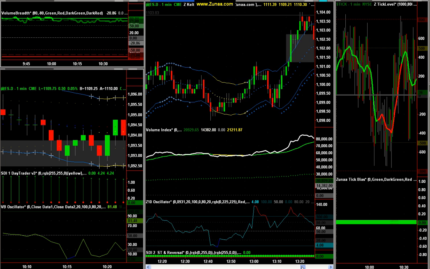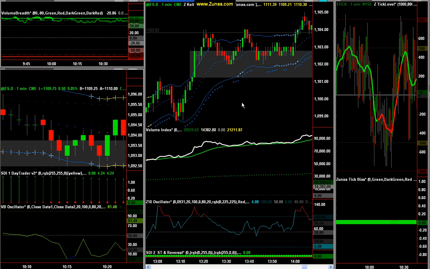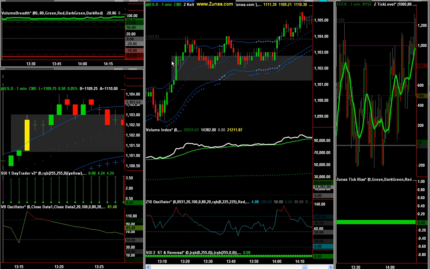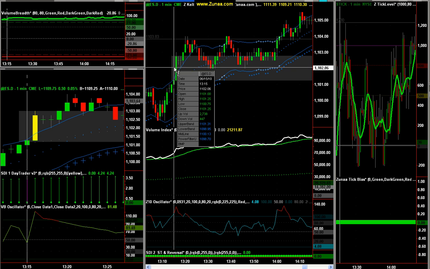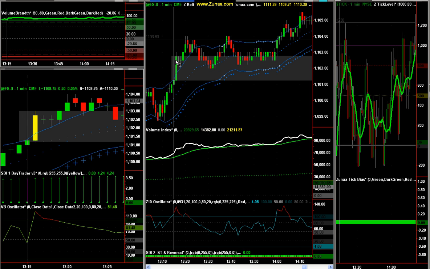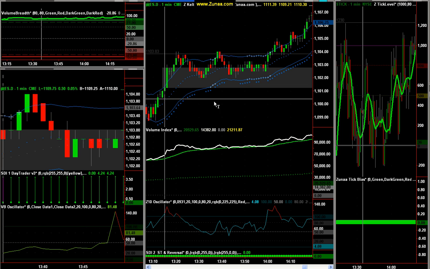Speaking of support and resistance levels, it was an interesting breakout here. We broke out of the major trading range, and again, if you look on this chart, this was a support and resistance zone. And again, the oscillators gave signals here.